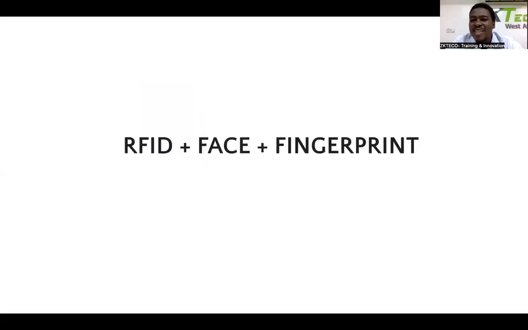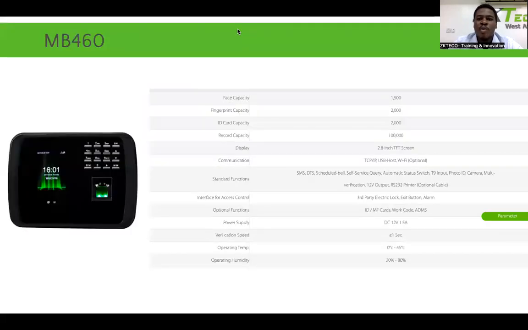So for the RFID, face and fingerprint devices, we move to the MB460. MB460 is a product that I really love. It's a product that I really like, and it is an interesting product. MB460 also comes with an optional wireless communication.